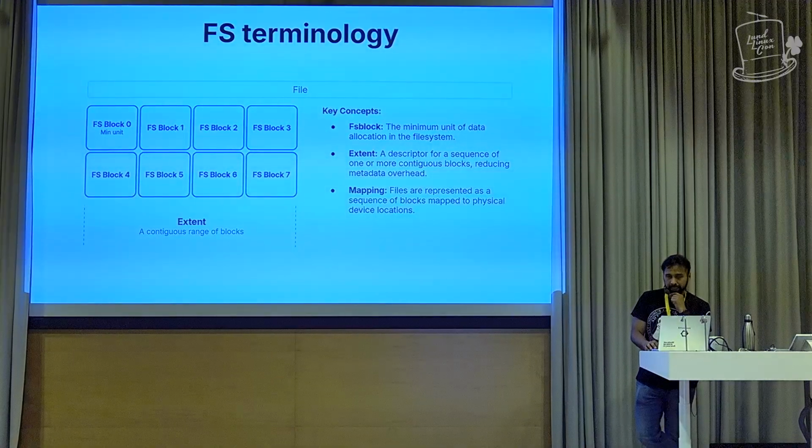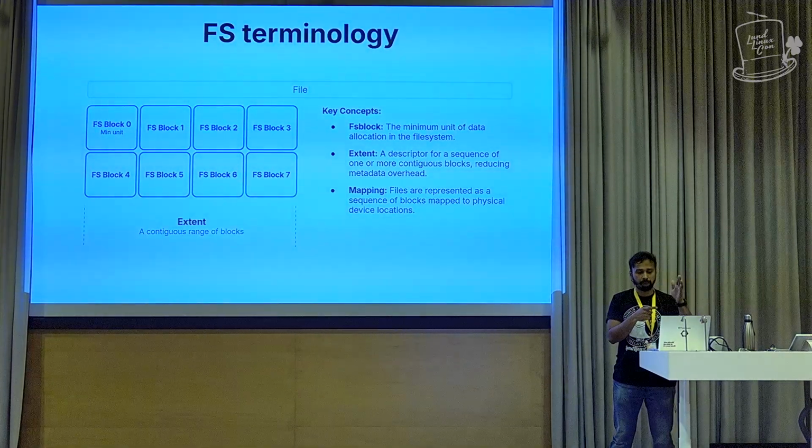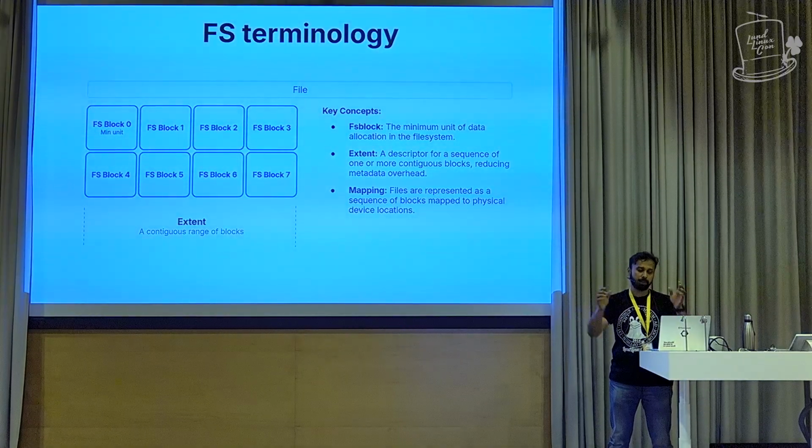And extents: most file systems nowadays are extent based. Instead of describing block by block, you say the extent represents from 0 to whatever, a bunch of blocks together, as just one extent, which reduces the metadata.